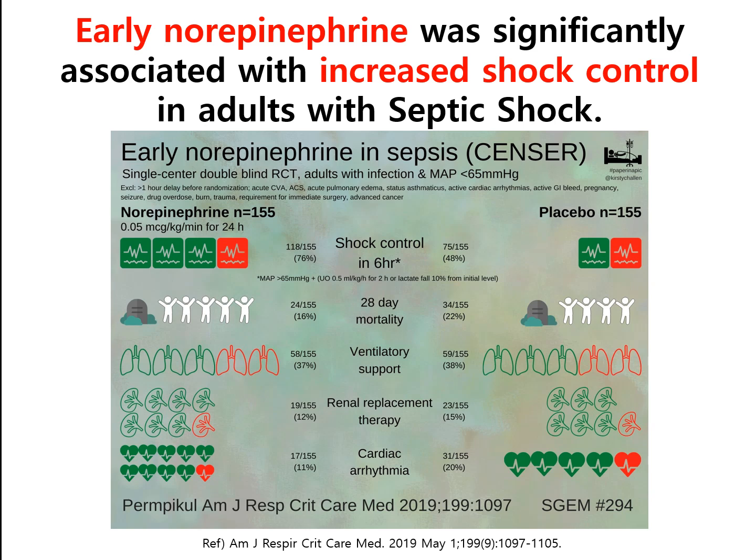Another crucial aspect in septic shock is the use of vasopressors. Early norepinephrine was significantly associated with increased shock control in adults with septic shock.